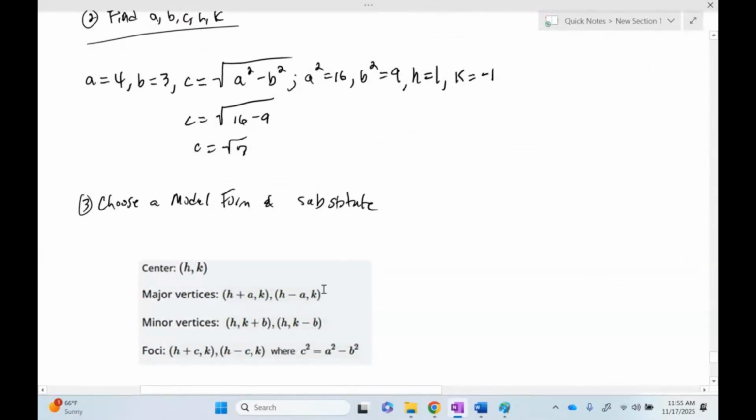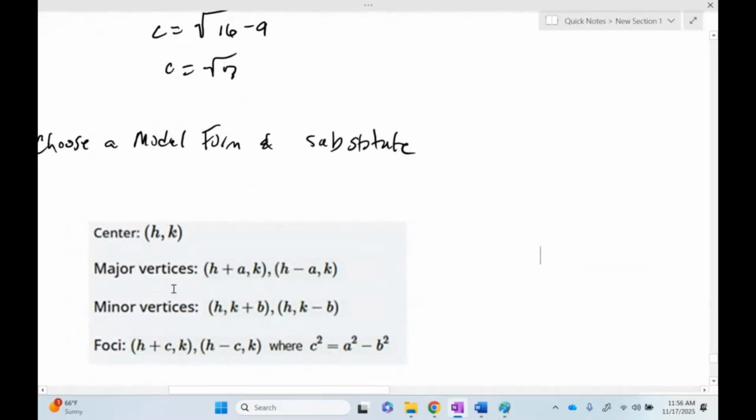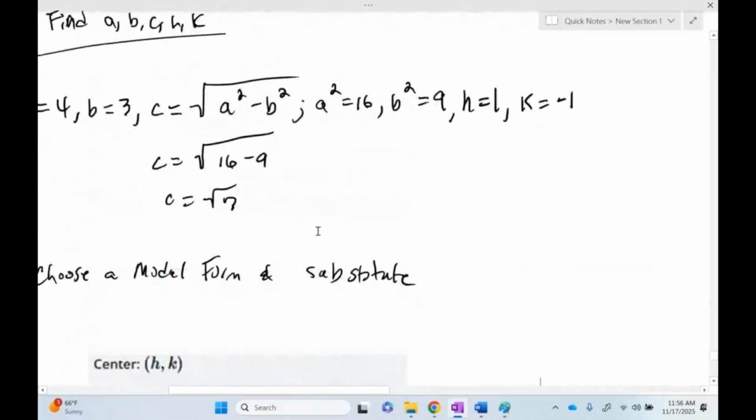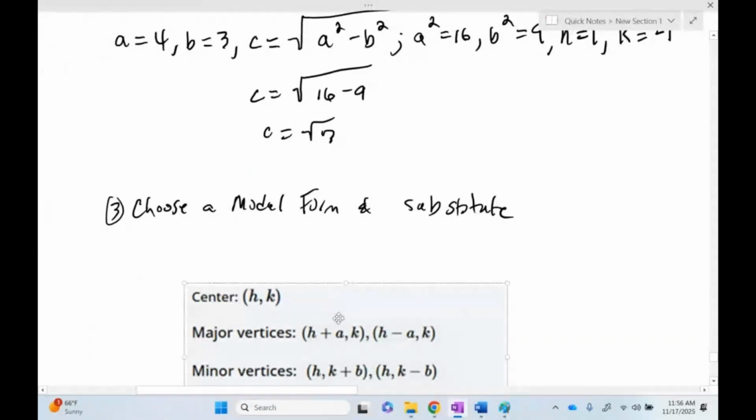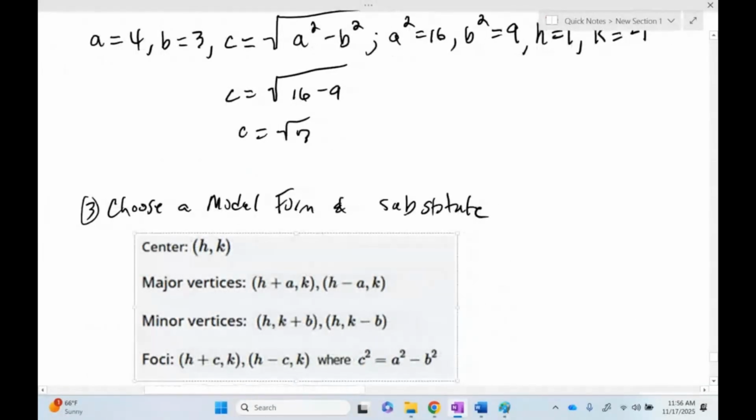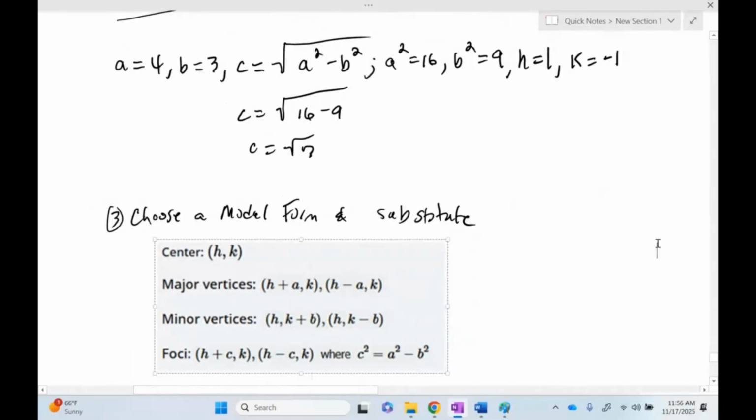So I just copy and pasted that down. Here are the formulas for an ellipse with the horizontal major axis. I simply want to take these formulas and substitute. Let me put everything on one. We know that the center is positive 1, negative 1.